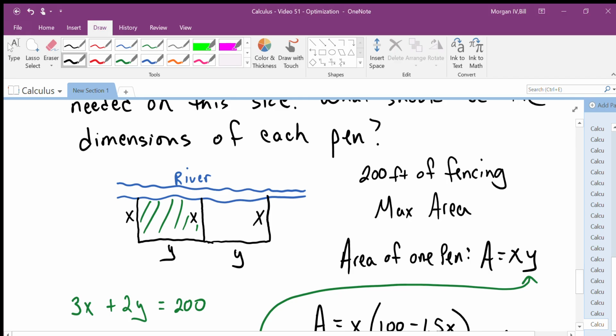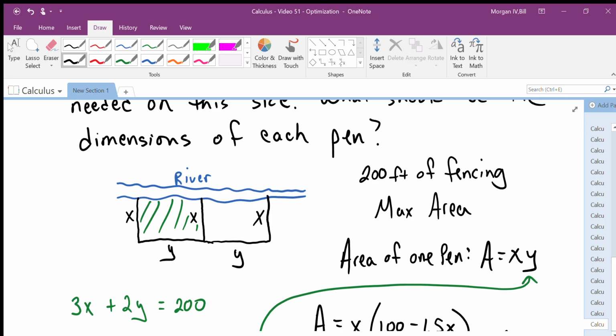It really has to be more than 0 to actually have a pen. But if x were 0 and y was 100, you would have used all 200 feet of fencing, but your area would have been 0 because there'd be no actual area there. So that would be one endpoint, when x is 0, but you get no area. You get a minimum area of 0.